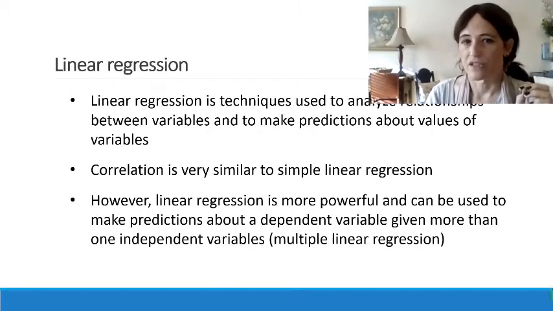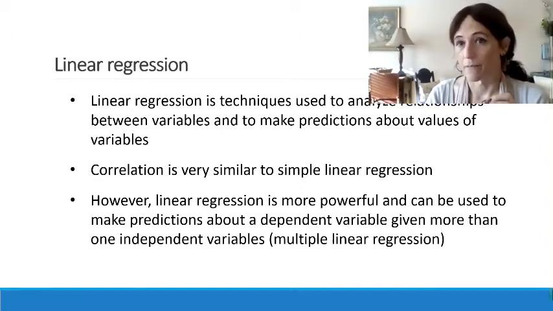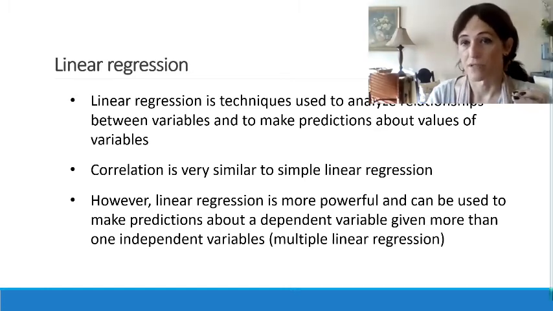So linear regression is a technique that's used to analyze linear relationship between variables, just as correlation is. However, our orientation here is to make predictions about our dependent variable as a function of our independent variable in the case of simple linear regression.